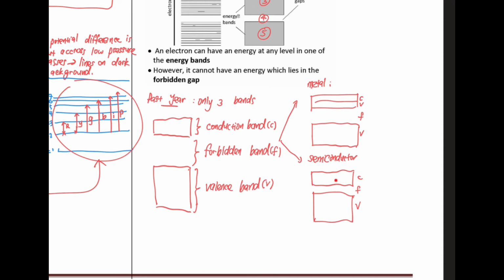That means they need energy to go to higher energy level. And once they reach here, then they can conduct electricity. Yes, no electron there when it is under normal situation. So they need to absorb energy to go there and then can conduct electricity.